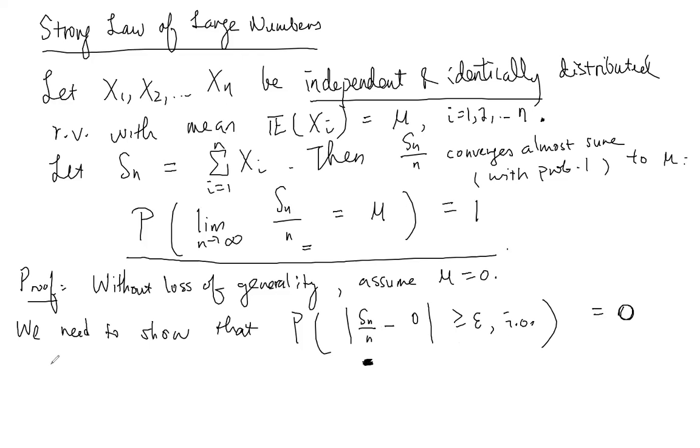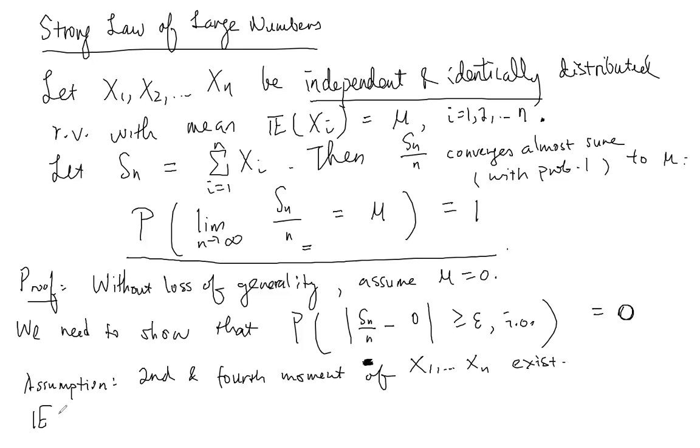Okay, so now we need to make an assumption here. The second and fourth moment of x1, ..., xn exist, okay?